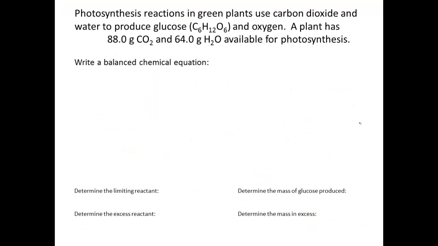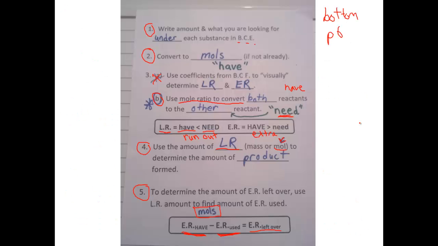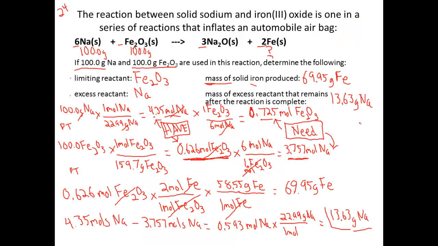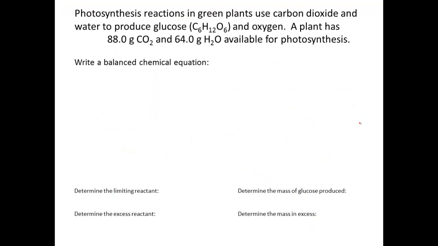I would like you to try out problem 25 using our information from our handout and from our last one. Once you've completed it, you need to show me your work. The answers in the end I'm going to give to you now.